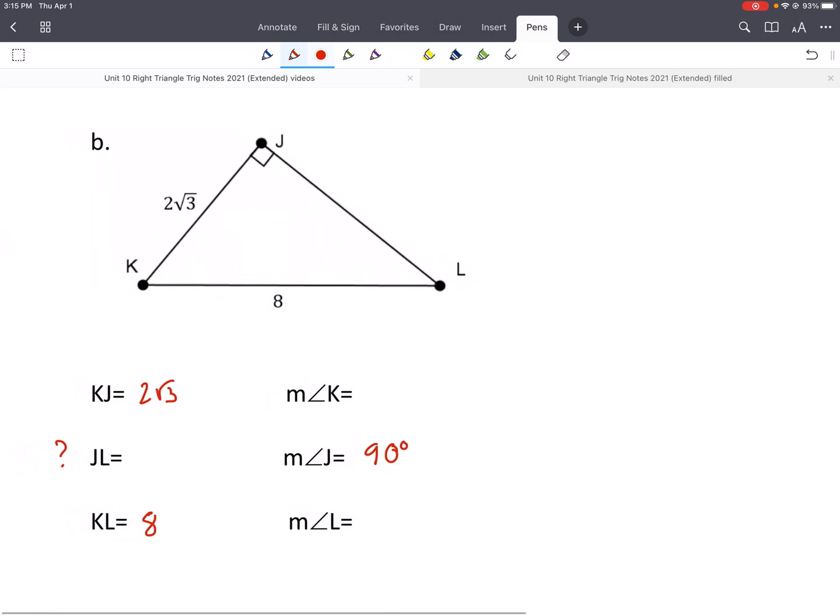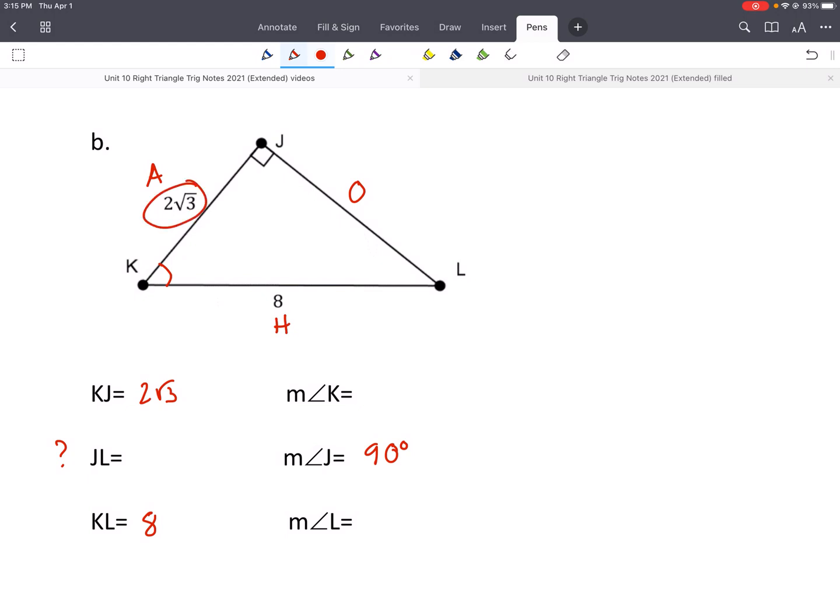Where to start? Well, I'm going to start by trying to figure out what angle K is. That's our reference angle. This would be our opposite, this would be our adjacent, and this would be our hypotenuse.